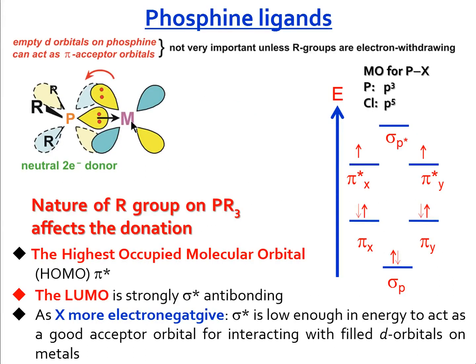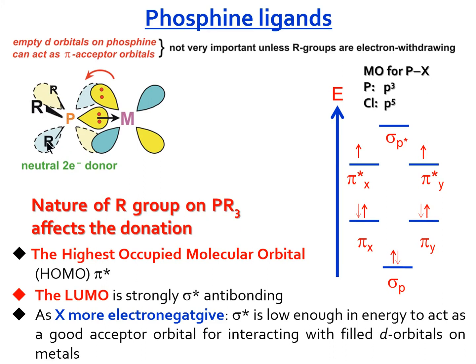Phosphine is bound to the metal M by the lone pair, so phosphine is a neutral two-electron donor ligand. And by theory, phosphine may be a pi acceptor of electrons from the metal to the orbitals around P.